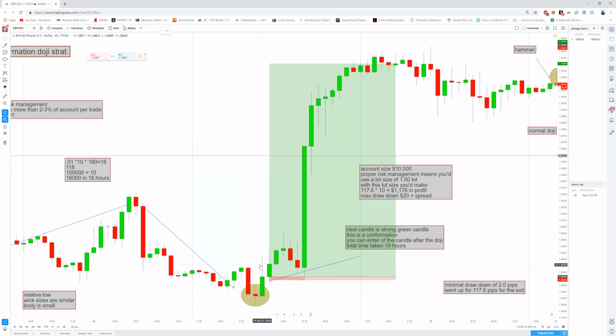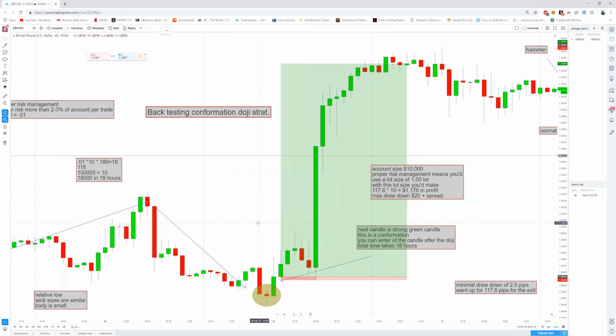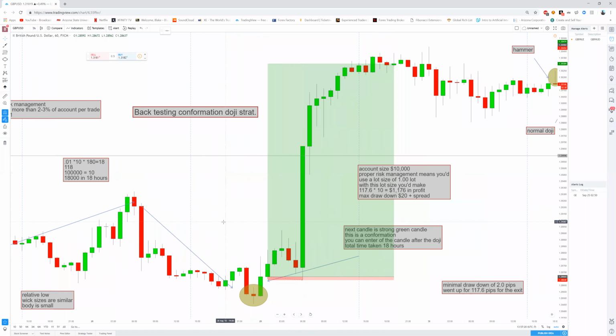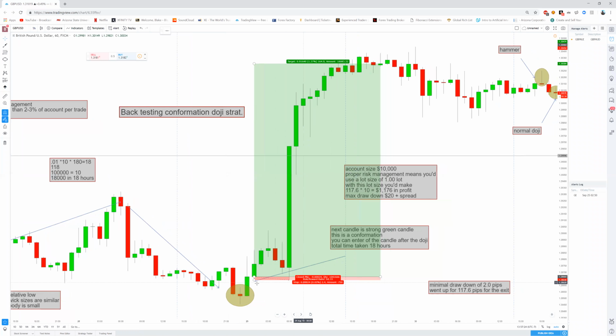Because of that, this is called the confirmation doji strat, which is right here. I'll take a screenshot of this in just a sec, and I'll put it in the chat for you guys. Essentially, what we're looking for is just a continuation after this first green candle. This first green candle is not counted in the calculation because that one we're just watching at that point.